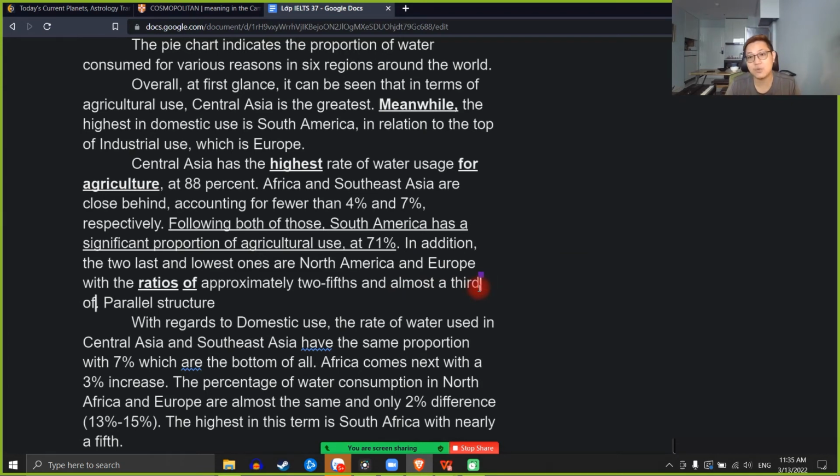Nhưng mà là phân số thì phân số của cái gì, 2/5 của cái gì, 1/3 của cái gì nữa. 2/5 and almost a third of their total water usage, của cái tổng lượng nước sử dụng của chúng, of their total water usage.